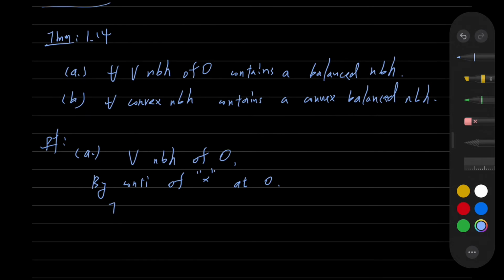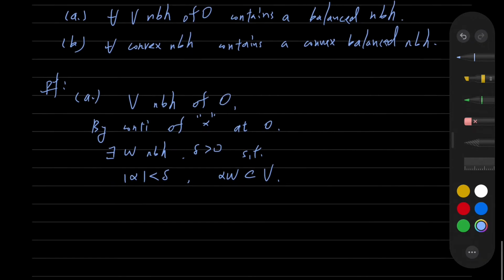So by definition, there exists a neighborhood W and a positive constant delta such that for any scalar alpha with absolute value smaller than delta, alpha W lies inside this neighborhood V.